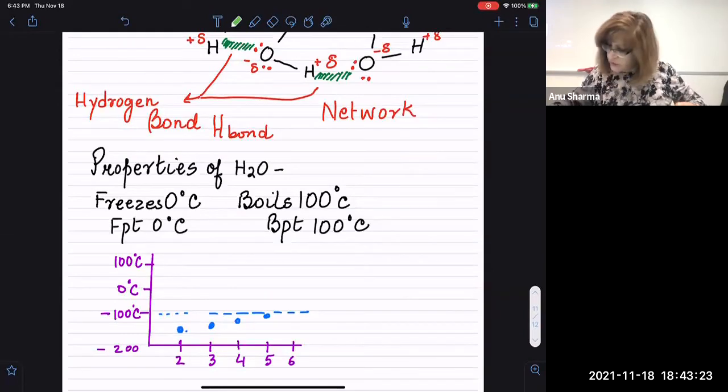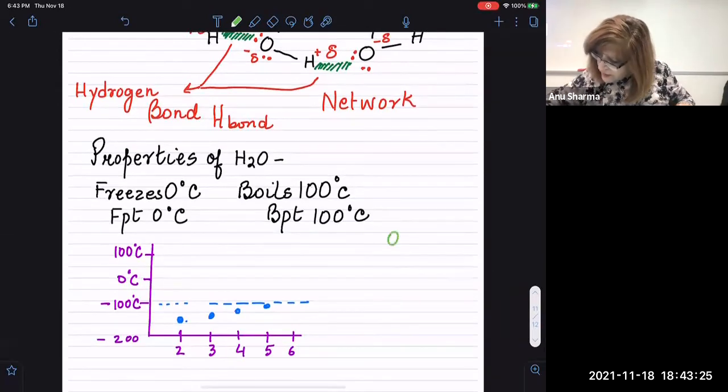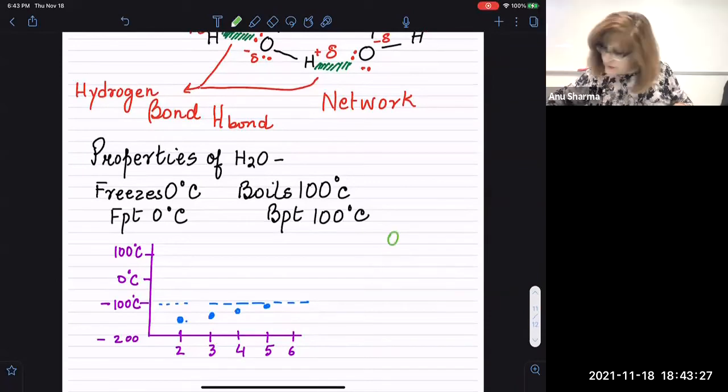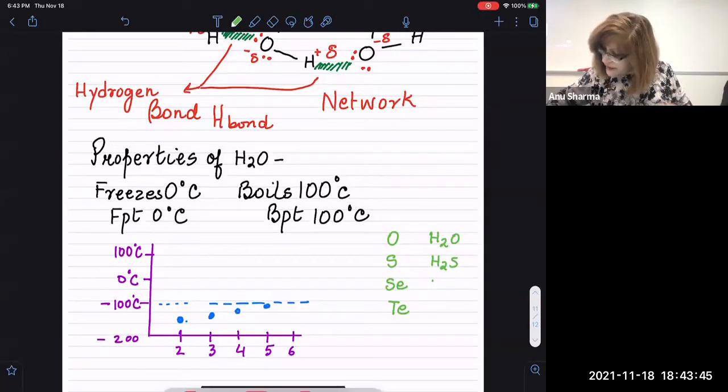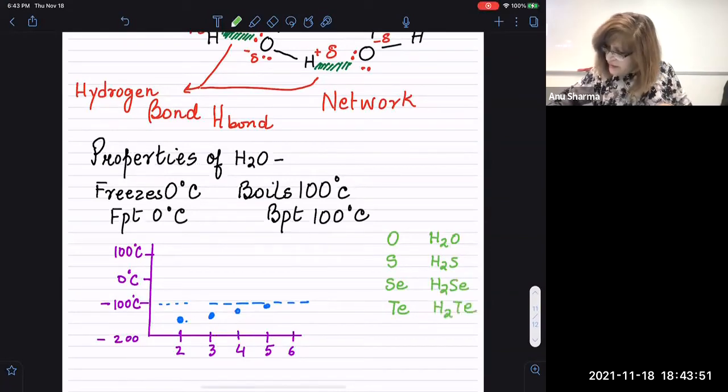So this is group 6. Oxygen, after that comes sulfur, after that comes selenium, and then comes tellurium. When hydrogen combines with them, it makes H2O, H2S, H2Se, and H2Te.